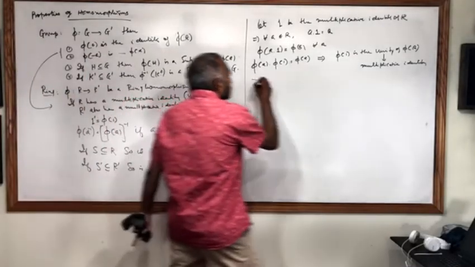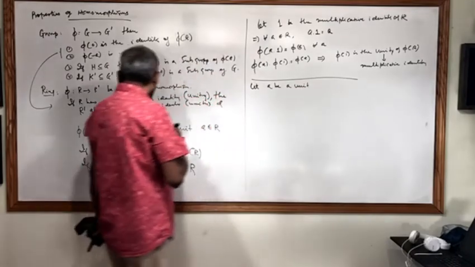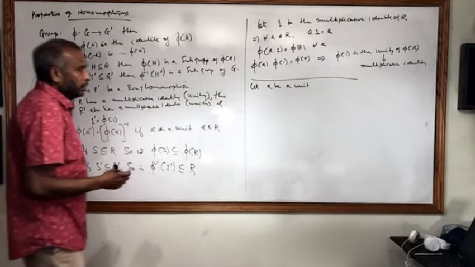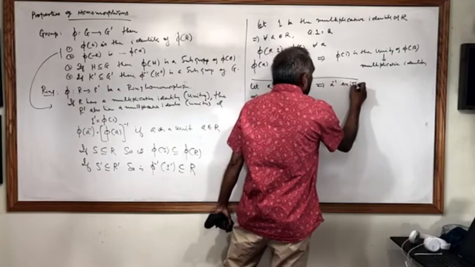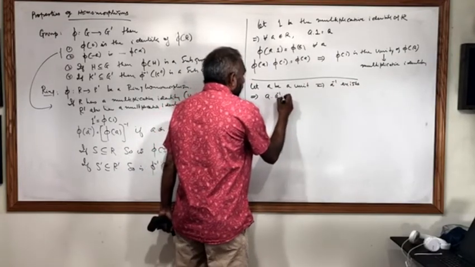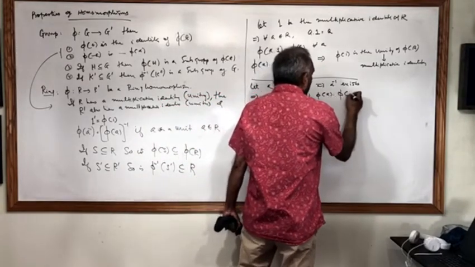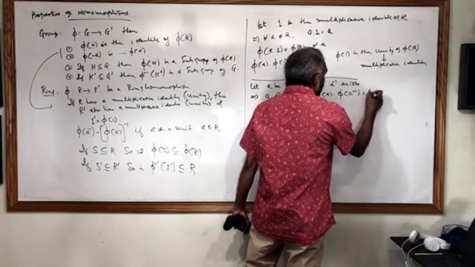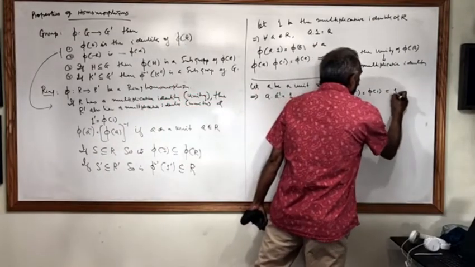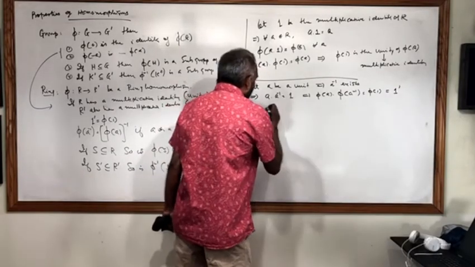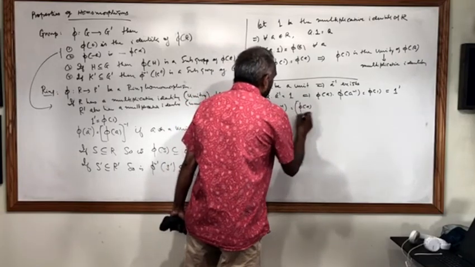So let A be a unit, meaning it has a multiplicative inverse, A inverse, and that implies A times A inverse is equal to 1, and that implies phi of A times phi of A inverse is equal to phi of 1, and this is equal to 1 prime, which implies that phi of A inverse is equal to phi of A, inverse.